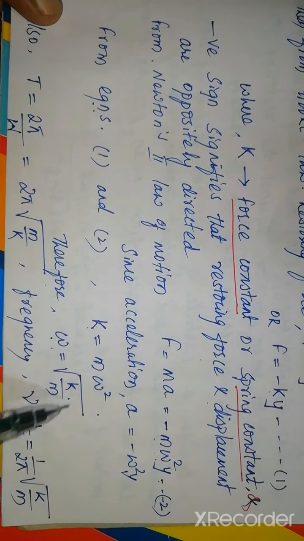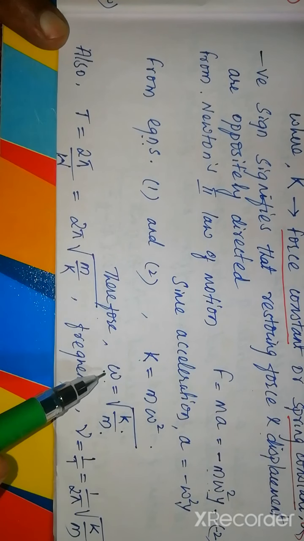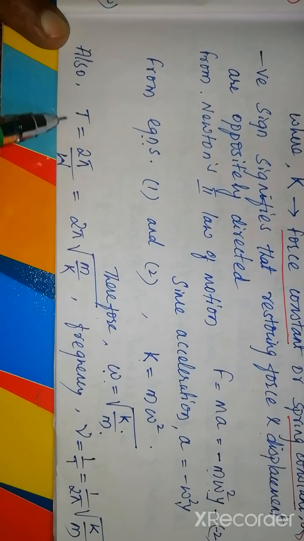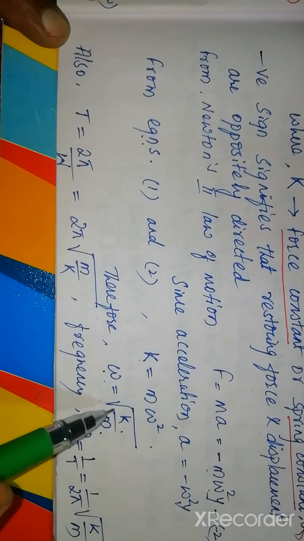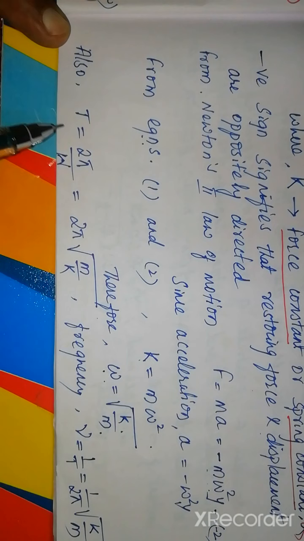Further, the angular velocity or angular frequency is 2 pi by capital T, or capital T equals 2 pi by omega. Substituting for omega, that is root k by m, we can write the expression for time period T equals 2 pi under root m divided by k.